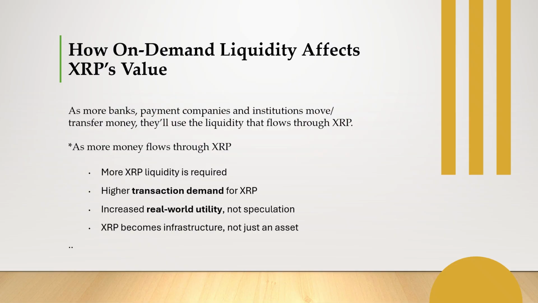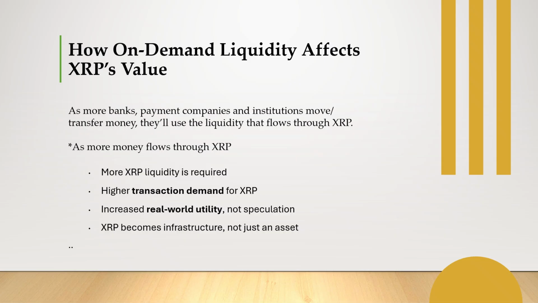There will be higher transaction demand for XRP. So, therefore, it will increase the need for XRP. Also, there will be increased real world utility, not just speculation. And XRP ultimately becomes infrastructure for the financial world or for financial transactions, not just an asset.